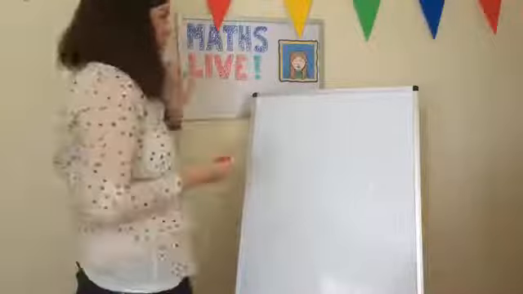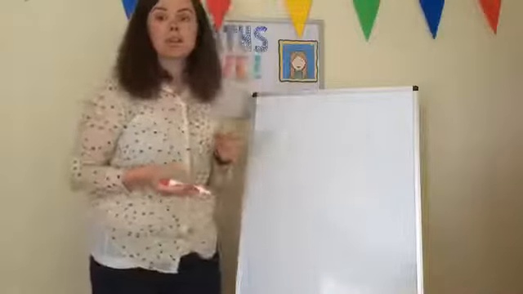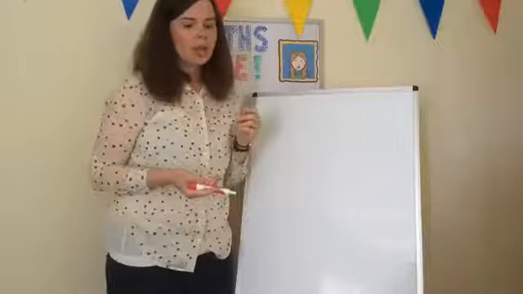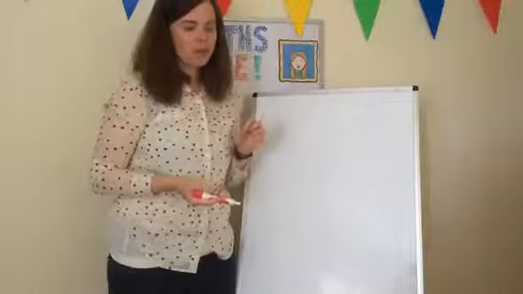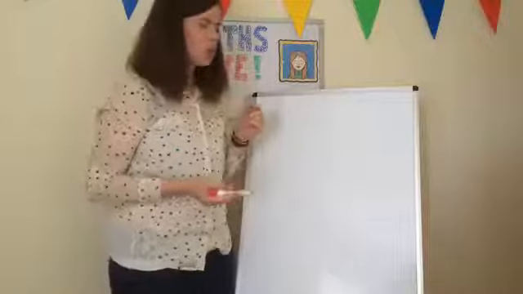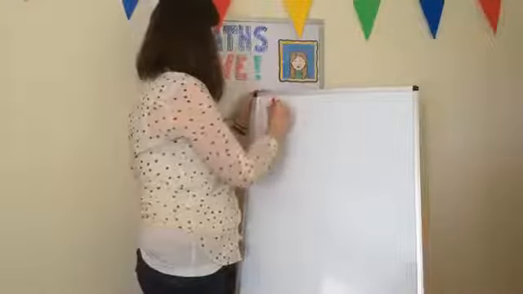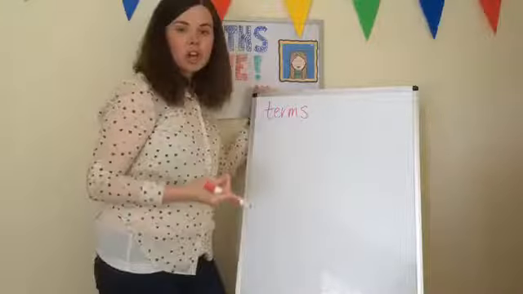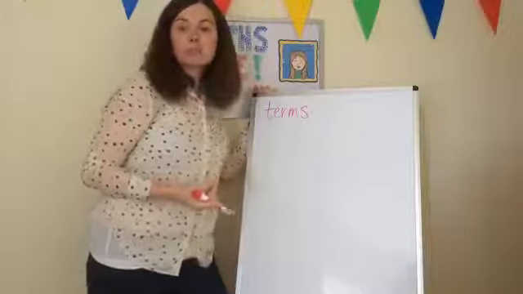Okay, so today, we're still on number sequences, but we're going to try and explain number sequences using formulae. The main thing I want to go through first is the word terms, T-E-R-M-S. Terms is basically how many numbers are in the sequence.